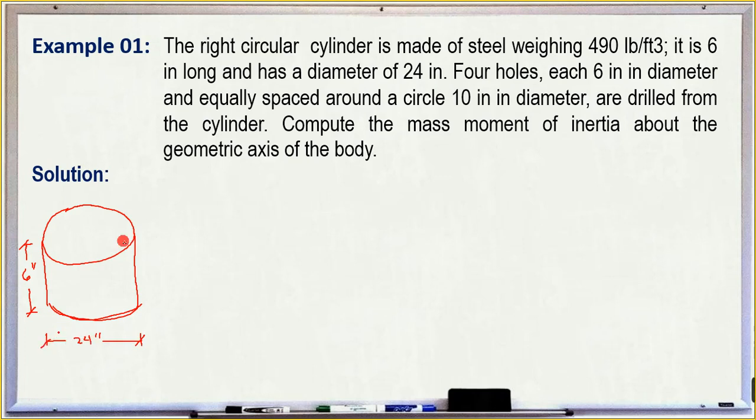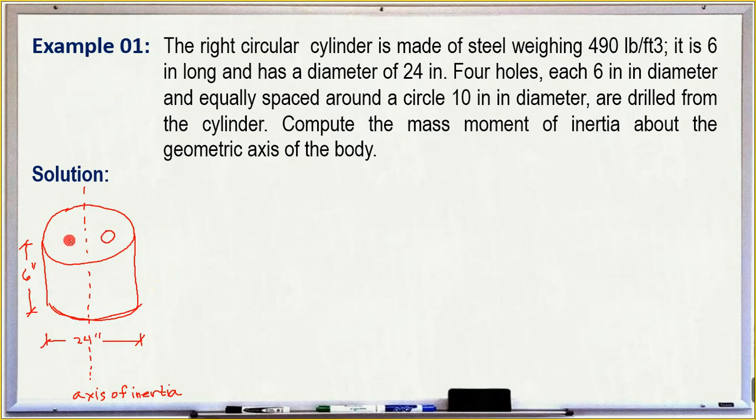And this is its geometric axis, no? This is the geometric axis, and this is also our axis of inertia. Now, there are 4 holes that are drilled from the cylinder.